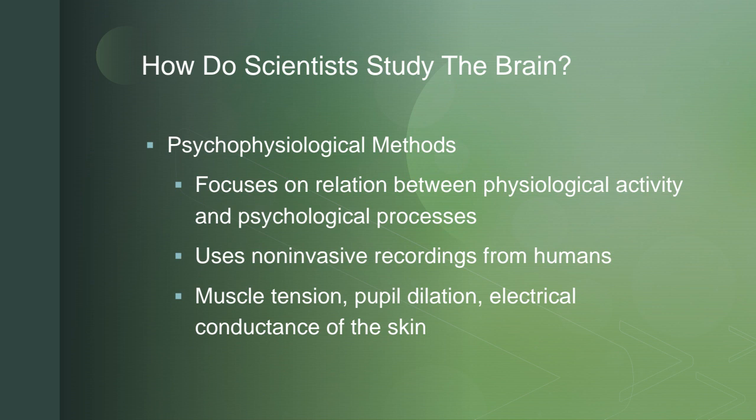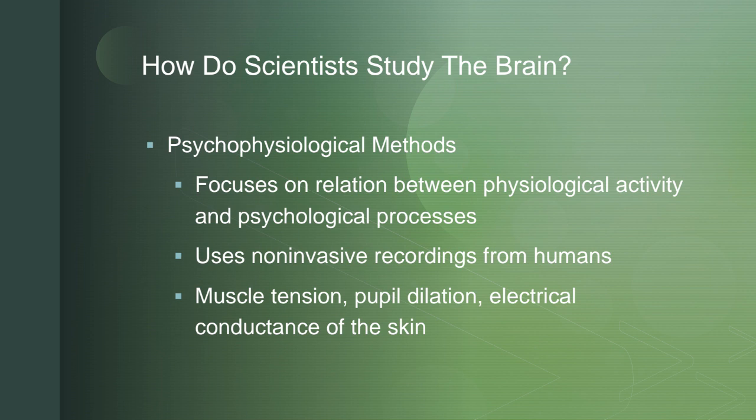So this is a psychophysiological method, because you're looking at physiological activity in the form of the electrical potential of the brain and its relationship to some psychological process. So, for example, looking at pictures of inanimate objects versus pictures of human faces. These methods are non-invasive and can be done on humans.